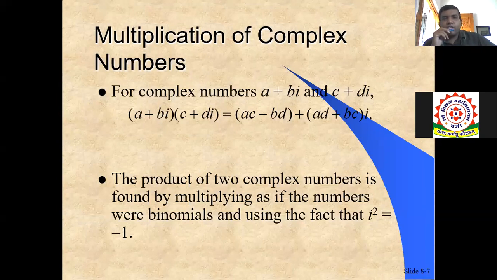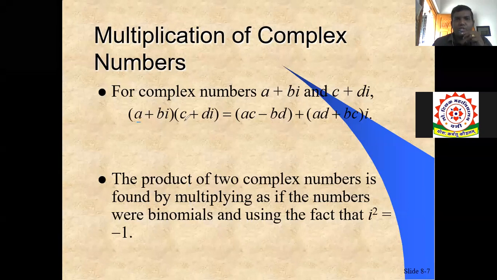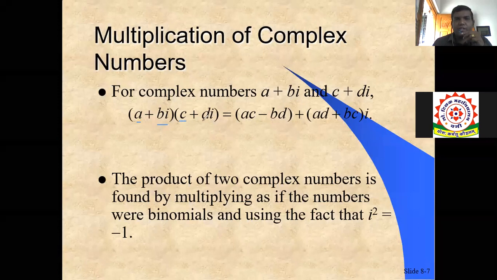So a plus ib into c plus id is equal to the multiplication of the two numbers: a into c is ac, and bi into di is bd i square, and i square is again minus 1.